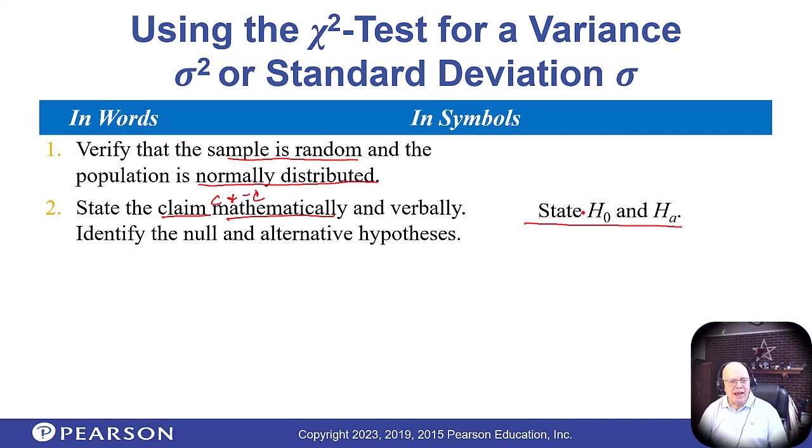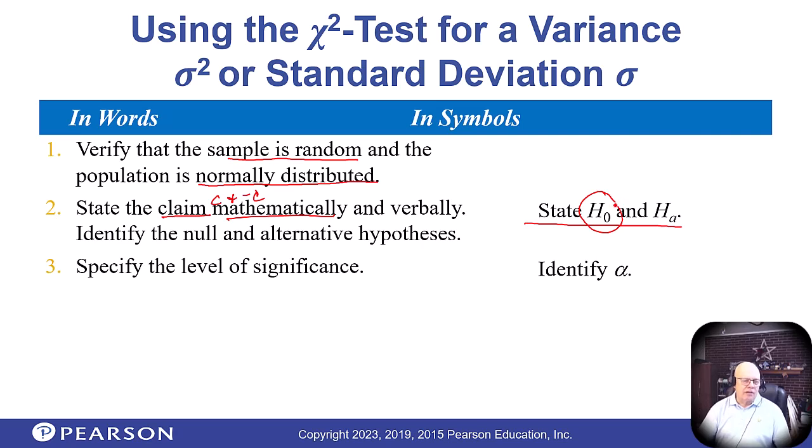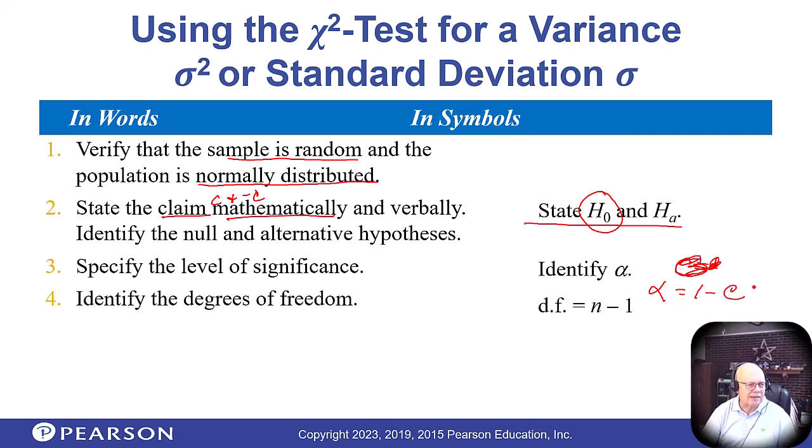And as you might guess, the null hypothesis is the one where you see the equal sign. Next, figure out what level of significance you're going to use. If someone talks about the confidence level, remember, C is the confidence level, alpha is 1 minus C, and that gives you your alpha, the level of significance. Next, degrees of freedom. That's pretty easy. That's pretty darn easy, right?